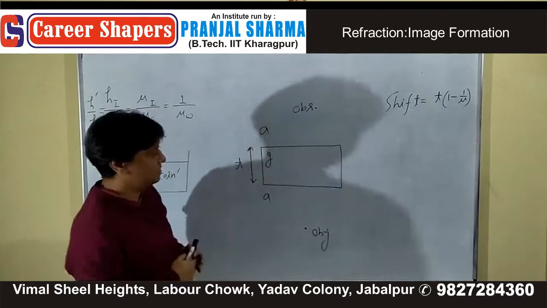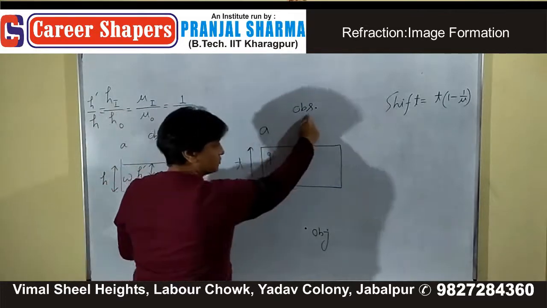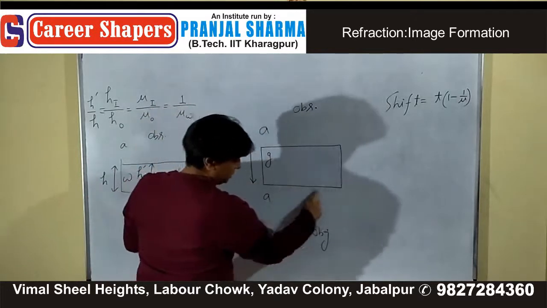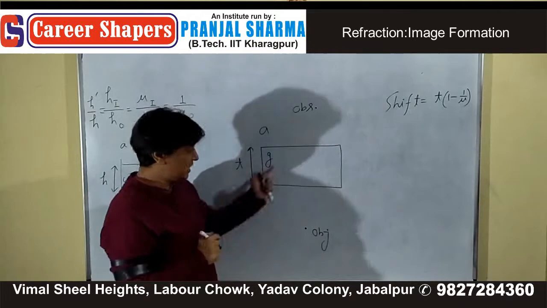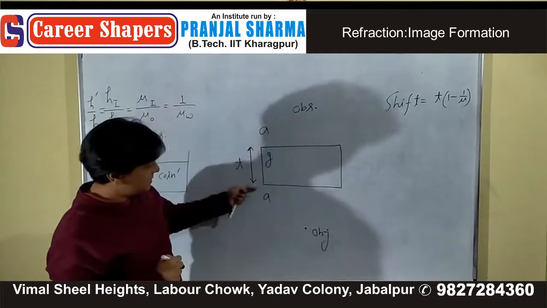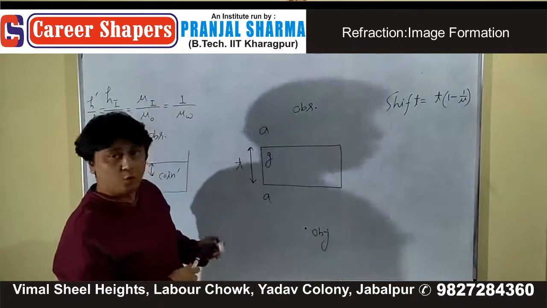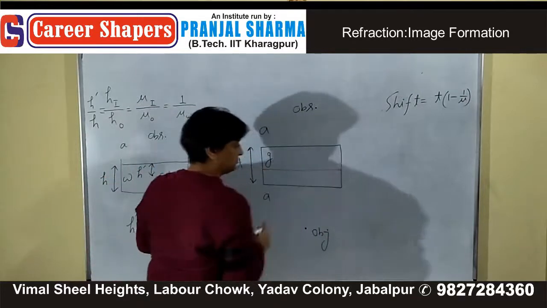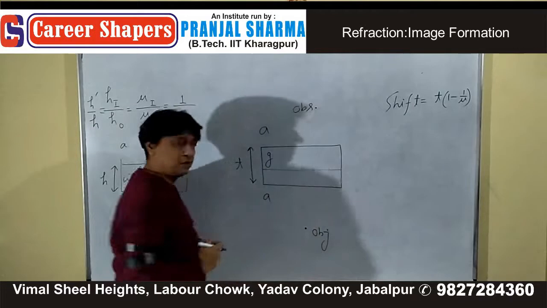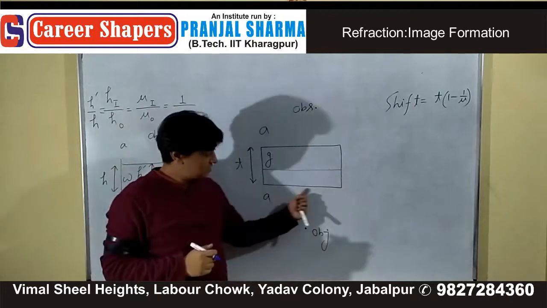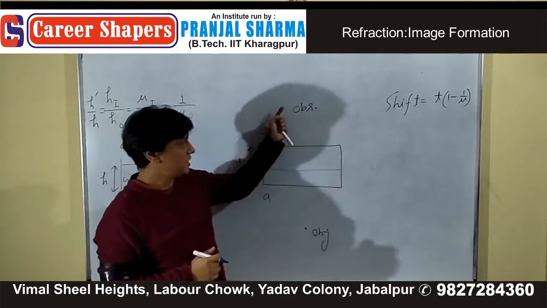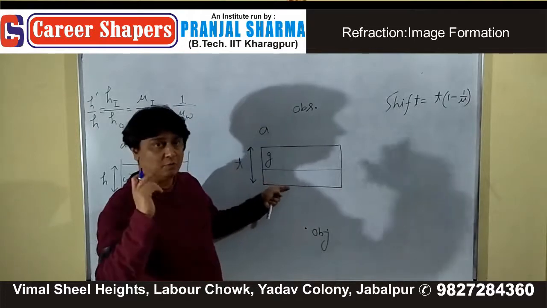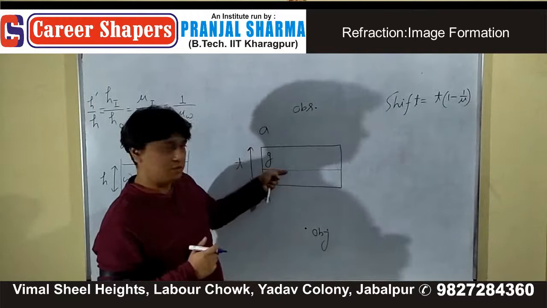You can say that for this observer, this lower surface of glass slab, which is at a depth of T, will appear right here. This lower surface for him is not at this location, but is at this location.